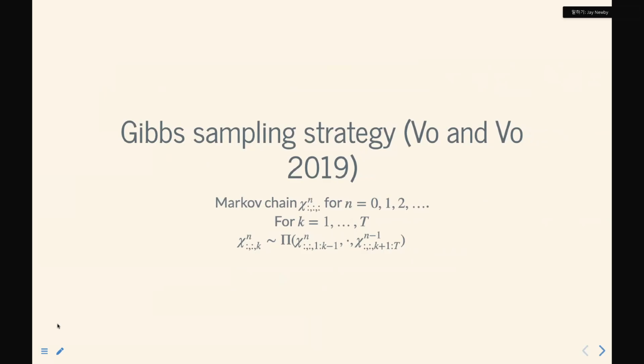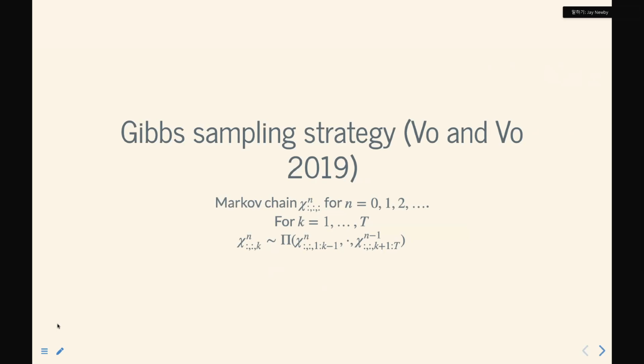Well, our strategy, since what we want to do is sample anyway, we're not going to solve the optimization problem. We're just going to try and sample. So we use a Gibbs sampler. We sample the assignments for a fixed time, because that's linear, with everything else being fixed. Then we move to the next time and the next time and the next time. But we don't stop when we get to the end.